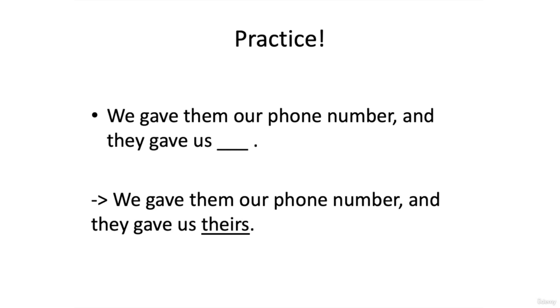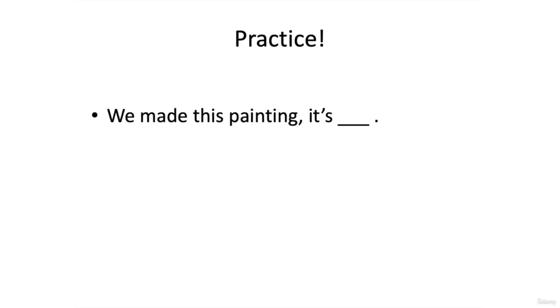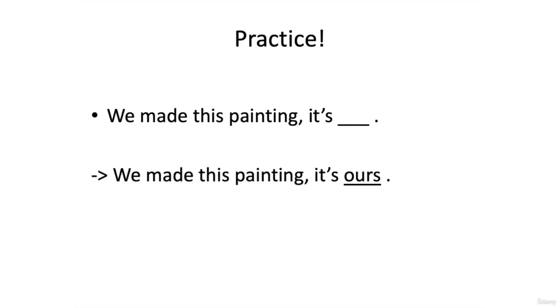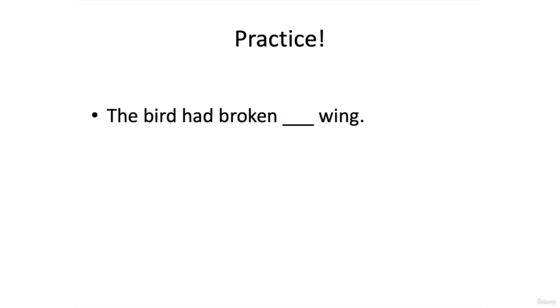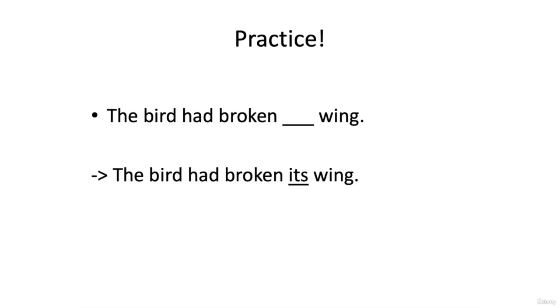Theirs is a possessive pronoun. We made this painting. It's ours. Ours is a possessive pronoun. The bird had broken its wing. Its is a possessive adjective.